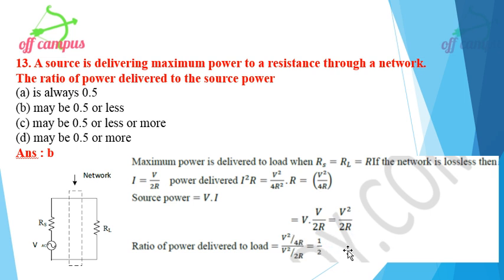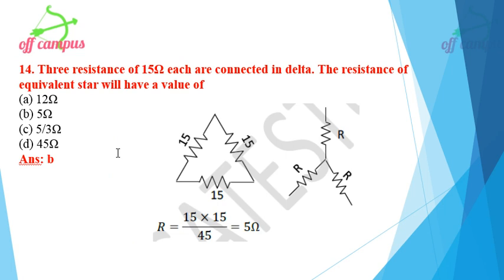V squared and R will get cancelled. 2 by 4 we will get 1 by 2, then 0.5. So option B, 0.5 or less, is the right option.